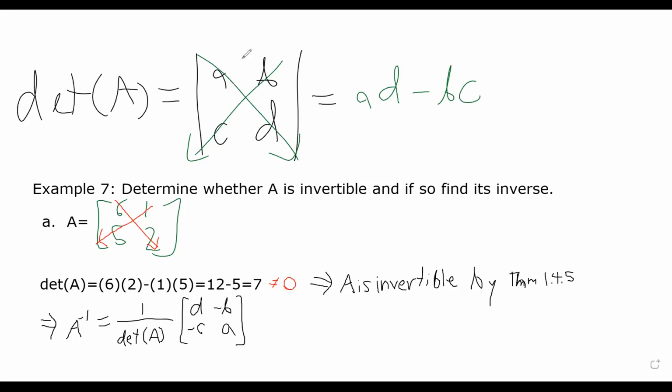You're just switching these two entries, instead of a d it's d a, and negating the entries off the main diagonal. So this is equal to 1 over the determinant of A, which is 7. So it's 1/7 times the 2 by 2 matrix, where the d is the 2.